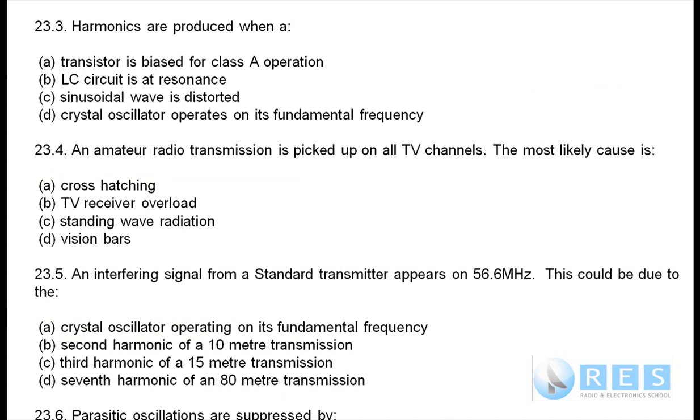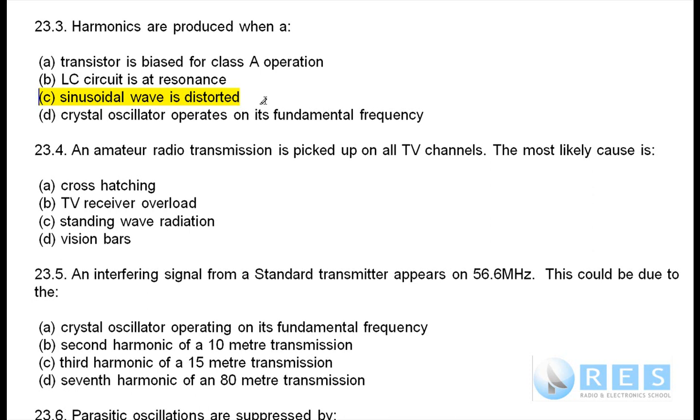Question 23.3. Harmonics are produced when a sine wave is distorted. If you put a sine wave into a linear device, a sine wave comes out. If you put a sine wave or any signal into a non-linear device, you get distortion products, and part of those products are harmonics.